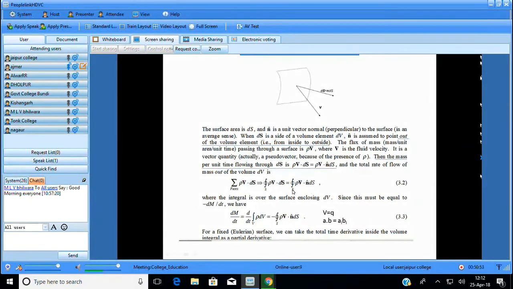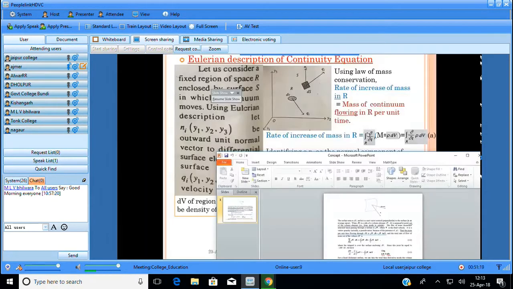This is the mass flowing outside. In our case, v is the velocity denoted by q, and a dot b is denoted by a_i b_i. So this becomes rho q_i n_i dS.